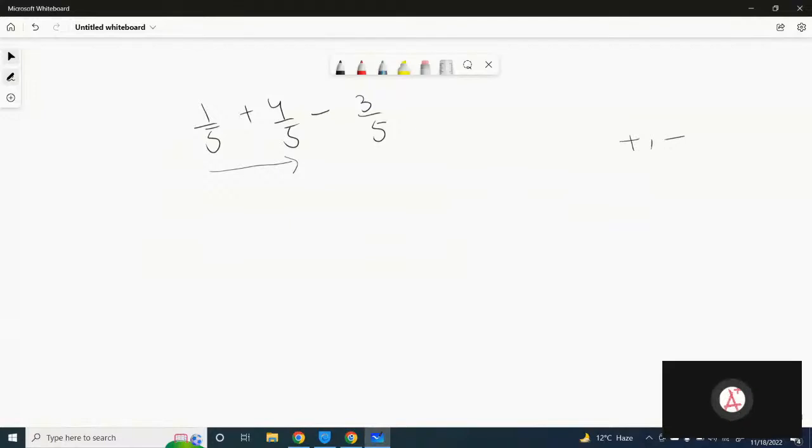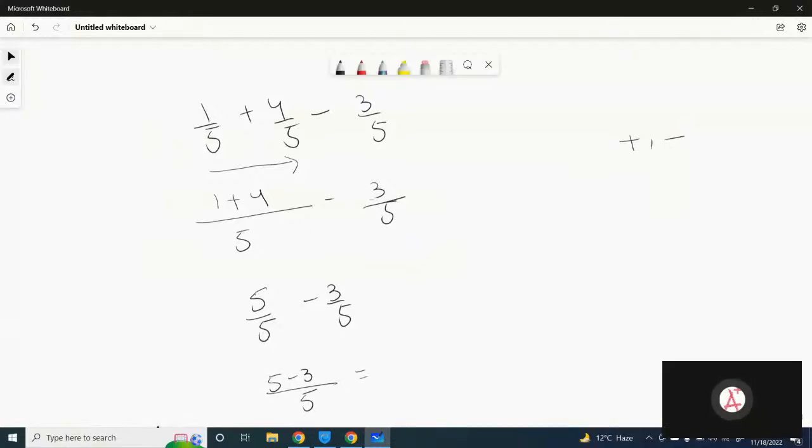Whenever you have fractions with like denominators, you simply add their numerators. Got it? It would be 1 plus 4 is 5 over 5. Got it? You are done with addition. Now you have to subtract them. They have like denominators. Simply subtract their numerators.